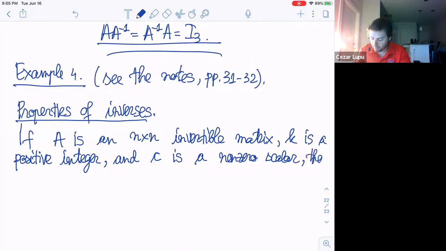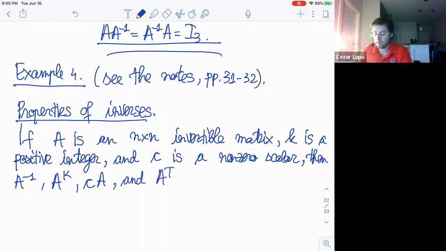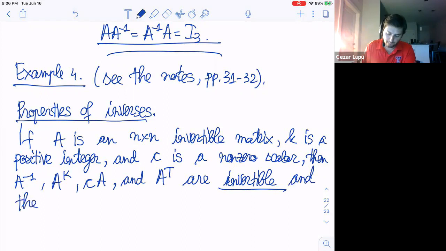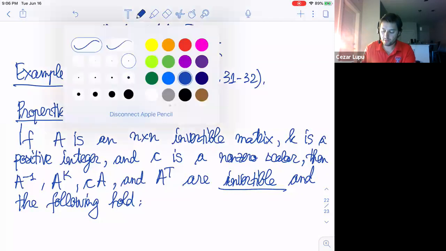Then A inverse, A to the power K, C times A, the scalar multiplication of a matrix, and the transpose, guess what? All of them are invertible. And the following properties hold.